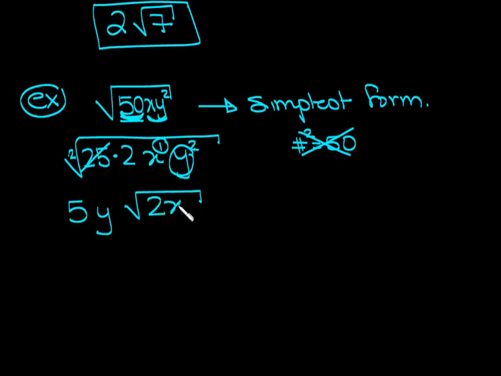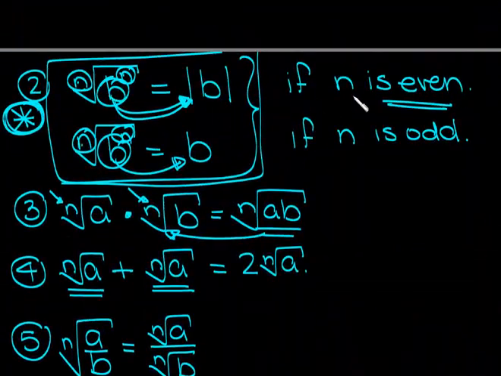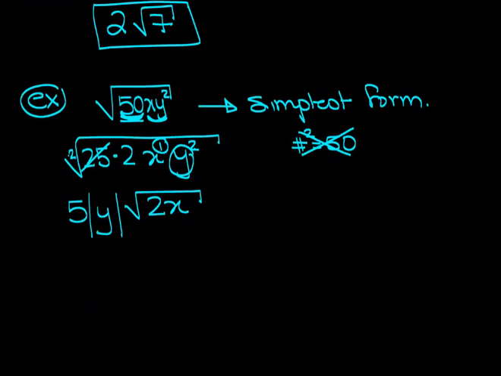In this case 2x is left. Now I do want to warn you, because the index was even, we still need absolute values, just like we did up here. Remember, if the index is even, we do need absolute values around that base. Okay, so that's what we do with some complicated radicals.